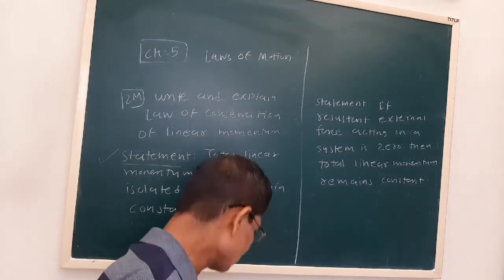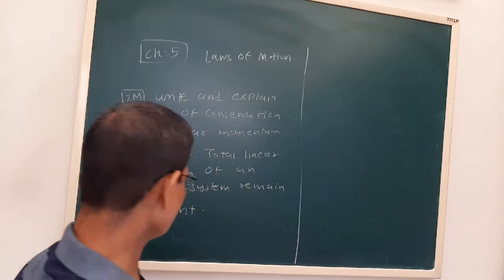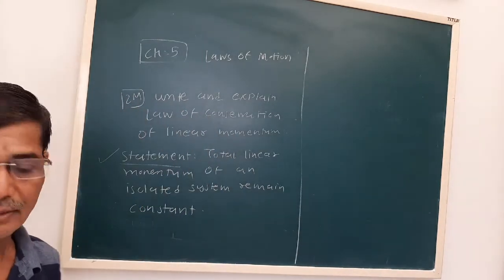That we'll see again in the system of particles also, but this is also a statement that I would like to share with you. But right now we focus on this: the total linear momentum of an isolated system remains constant.